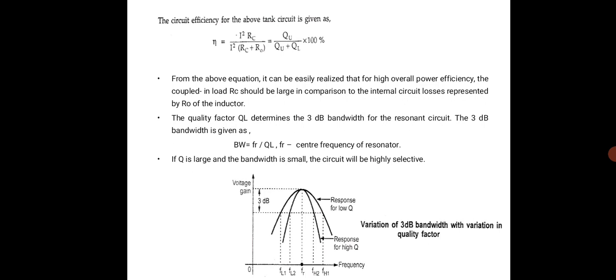The quality factor QL, that is loaded Q, determines the 3 dB bandwidth for the resonance circuit. The 3 dB bandwidth can be given as FR by QL, where FR is the center frequency of a resonator. If Q is large and the bandwidth is small, the circuit will be highly selective. Here QU represents unloaded Q and QL represents loaded Q.